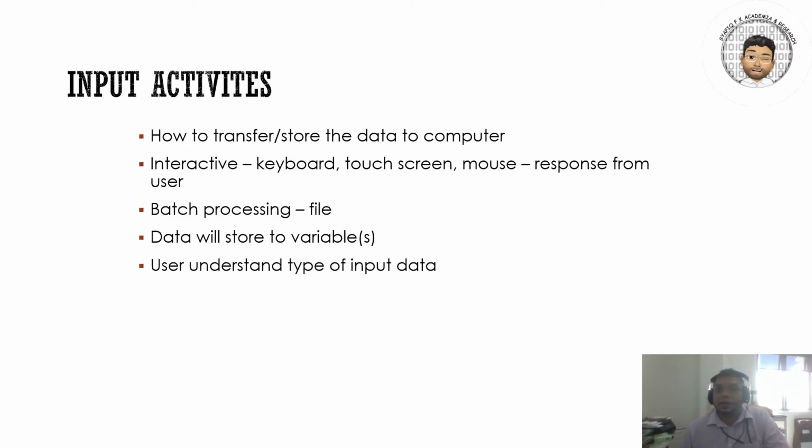An example of input activities is how to transfer and store data to the computer. It means you code a program that records the ID number of students. Students key in every ID number, and the computer records them and creates a file storing all that information. You might use keyboard, touchscreen, or mouse response from the user.